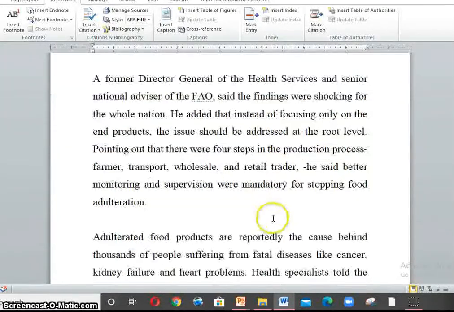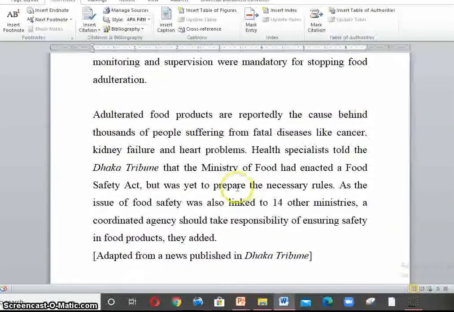You can see how they added the information, and they saw that adulterated food products are reportedly the cause behind thousands of people suffering from fatal diseases like cancer, kidney failure, and heart problems. Health specialists also told the Dhaka Tribune that the Ministry of Food had enacted a Food Safety Act.